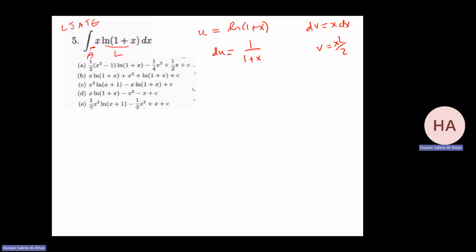So I have what? Let's call this I. So I will be x squared over 2 ln(1 plus x) minus the integral of half x squared over 1 plus x dx.